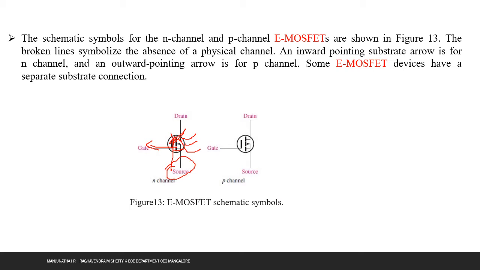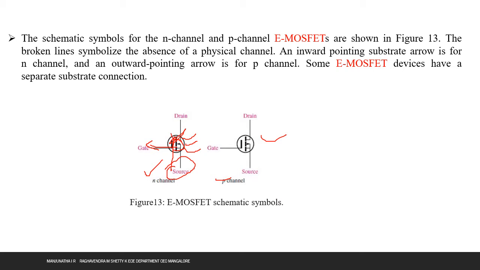So it indicates the N channel operation. Coming to the next figure, it is for P channel. The previous one is for N channel and this is for P channel.